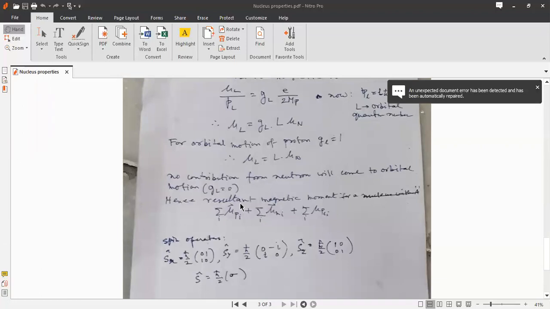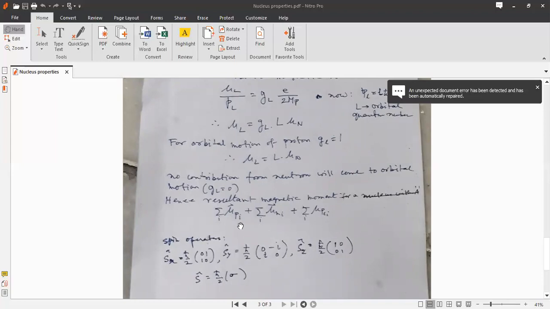So now, at the end of the discussion, the resultant magnetic moment due to its orbital motion and due to its spin will be just the vector summation of all these three quantities. It is the summation of μ_pi and μ_ni, if the nucleus has i nucleons.